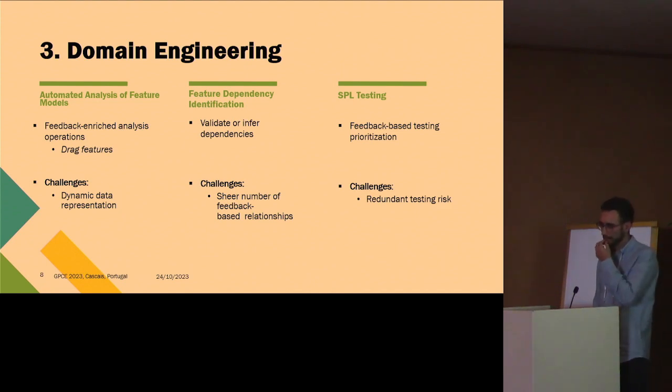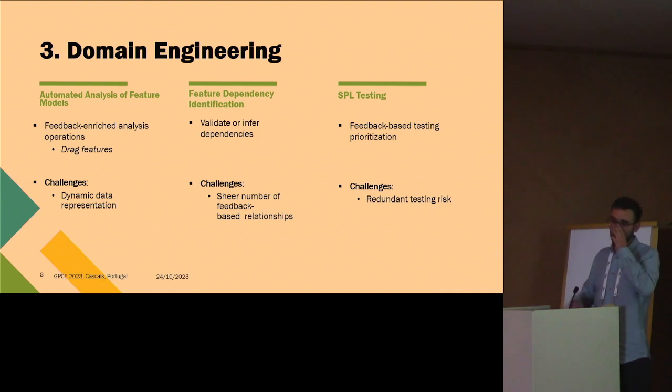Okay, thank you. And if I may follow up, given all these promising avenues that you identified, which one do you think would be the best to attack? And do you have an idea of how you would concretely get down to implementing some of these things? Okay, so I think that the most probable thing to approach is the automated analysis of feature models, because one of the co-authors is quite an expert in this area, and they have some framework, I think, for reasoning and analyzing feature models.